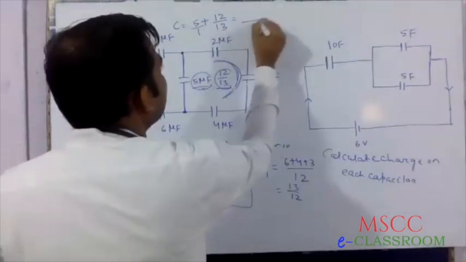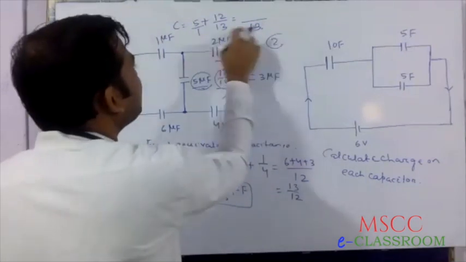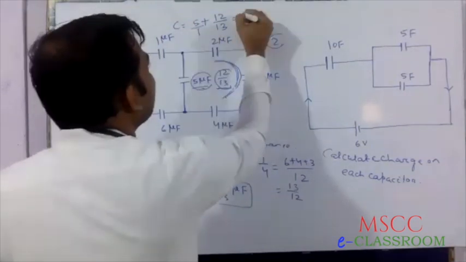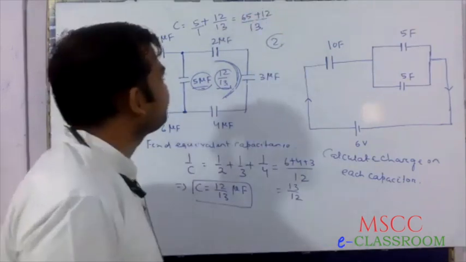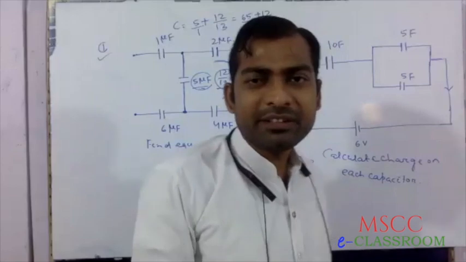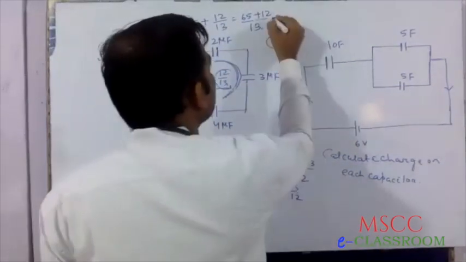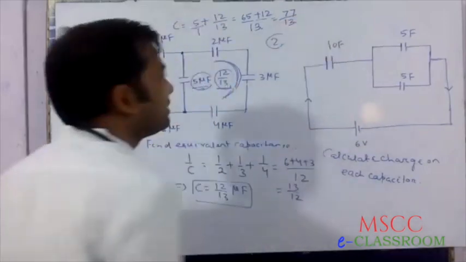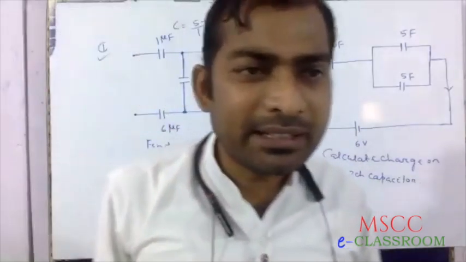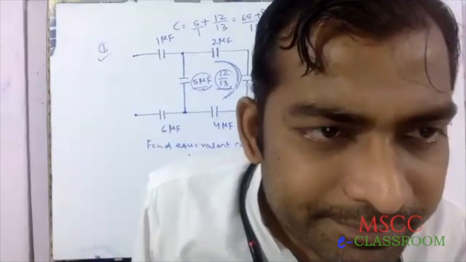LCM is 13. 13 times 5 is 65, plus 12. Answer is 77 by 13.